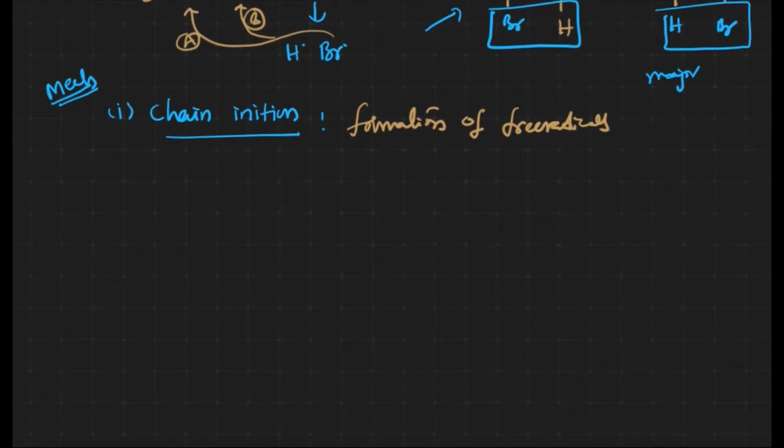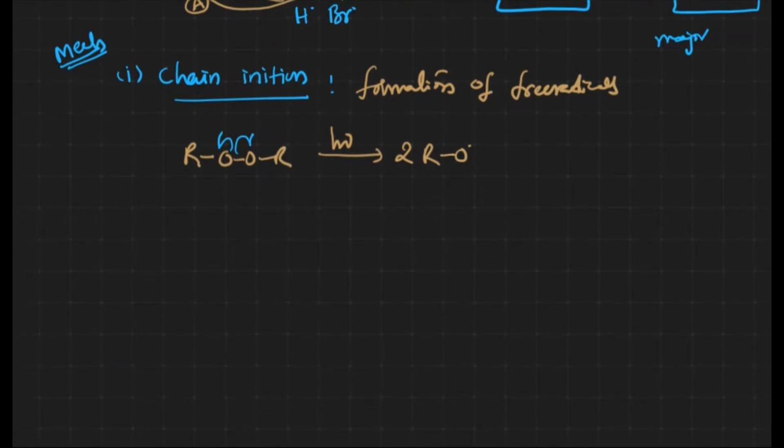How does this take place? Let us take the peroxide, which is a symmetrical reagent. In the presence of h nu, homolytic cleavage takes place. When homolytic cleavage takes place, we get two RO free radicals. After generation, the RO free radical reacts with HBr.